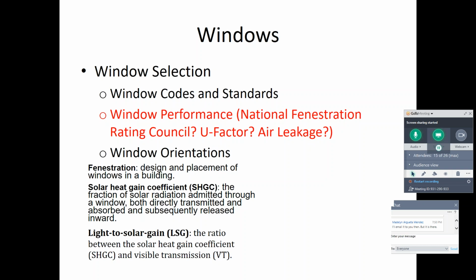Fenestration is the design and placement of windows in a building. Solar heat gain coefficient, the fraction of solar radiation emitted through a window, both directly transmitted and absorbed and subsequently released inward. And we'll look at products like smart windows and how they control different heat gain coefficients. Light to solar gain, the ratio between the solar heat gain coefficient and visible transmission.